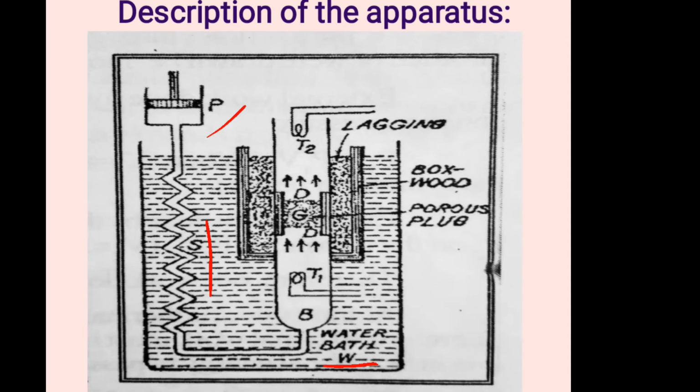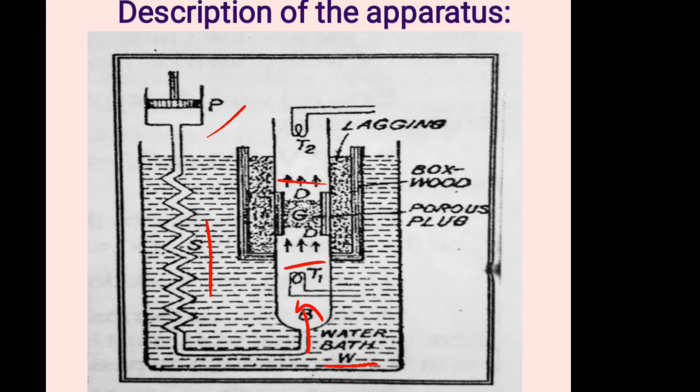The compressed gas then enters tube B, which is fitted with a porous plug G made up of cotton or silk having a large number of fine holes.